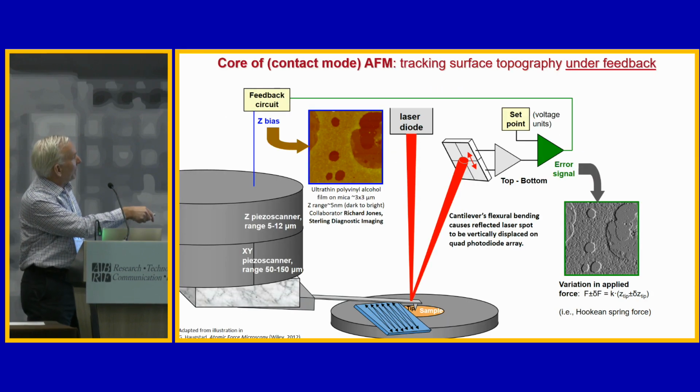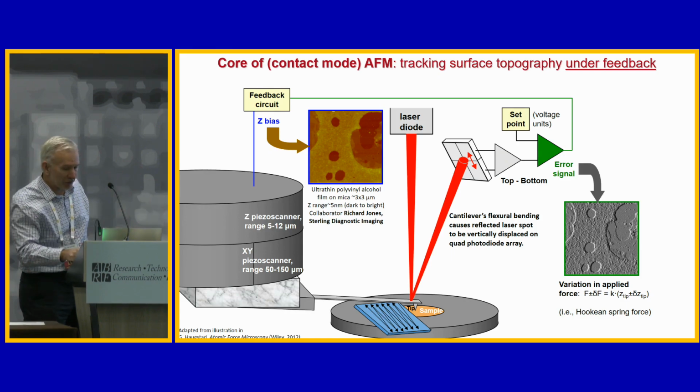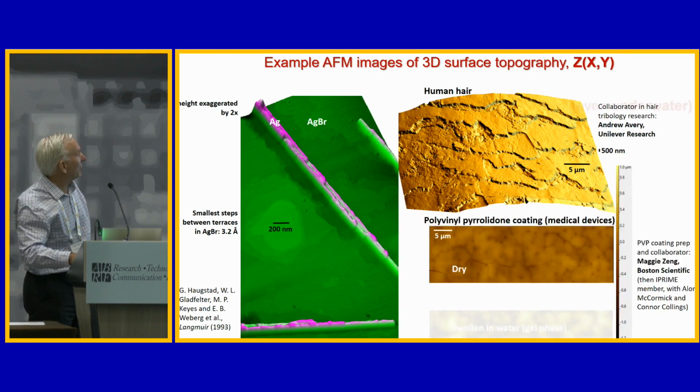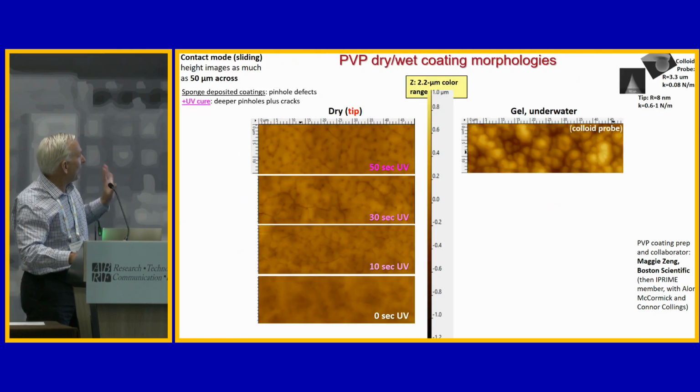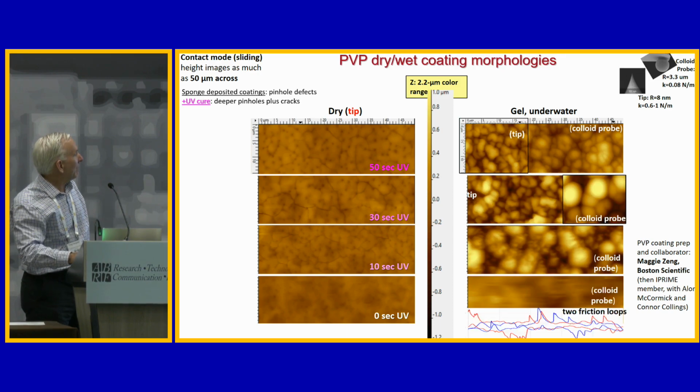With the vertical knife edge, if you're scanning back and forth like this, you have twisting on the cantilever, which moves the spot slightly left or right, and that gives you the ability to gauge and image the friction force. I'm not going to show you any so-called FFM, friction force microscopy, but this is how you do it. You get this every single scan line, and you get a friction image out of that. So that's kind of cool.